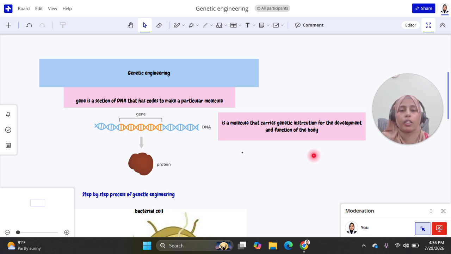As the name says, genetic modification. Modification means you are going to modify. So it means you are modifying the genetic material of a particular organism by inserting or removing or altering the genetic information of that organism, right? So this is what genetic engineering is.